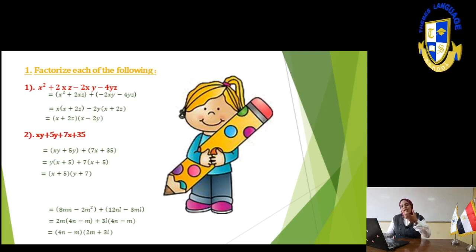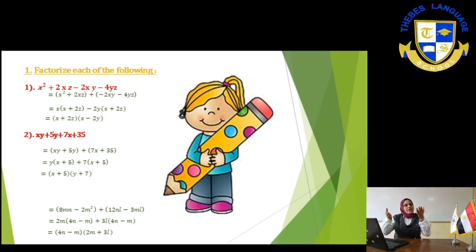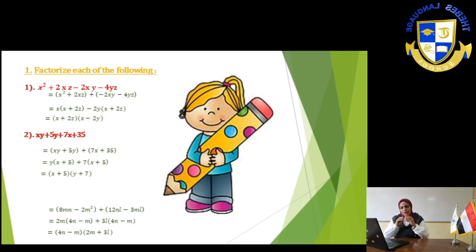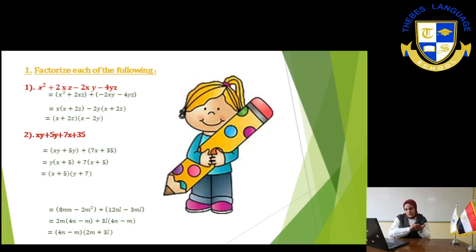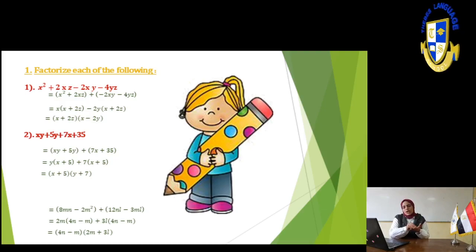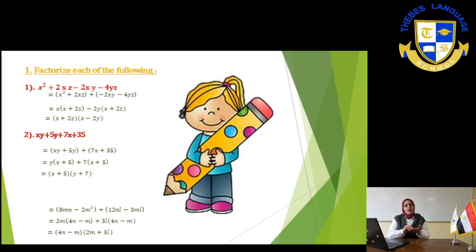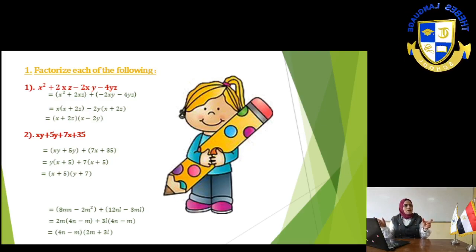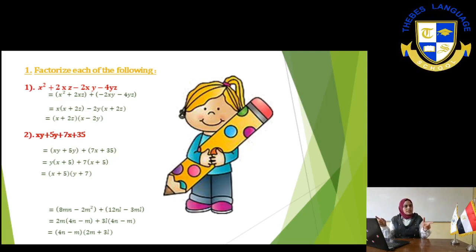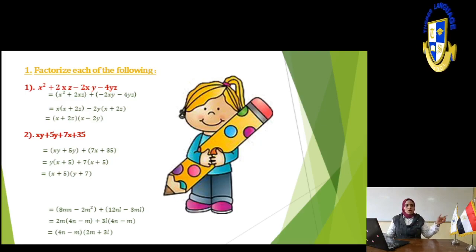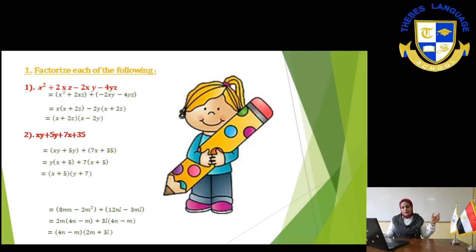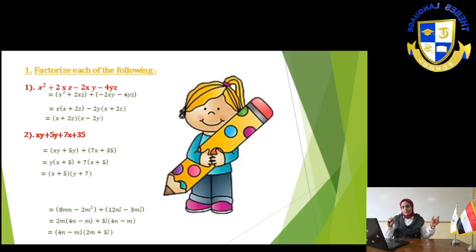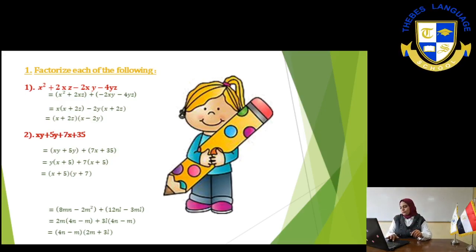We will take from 12 and 3, the common factor is 3. nl and ml, the common factor here is l. So 3l is a common factor to get 3l multiplied by n minus m. As we see, we have a common factor, which is 4n minus m, and we have 2m plus 3l.